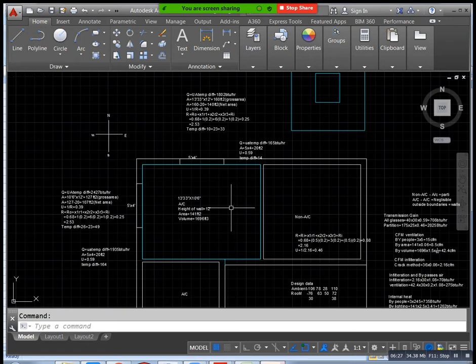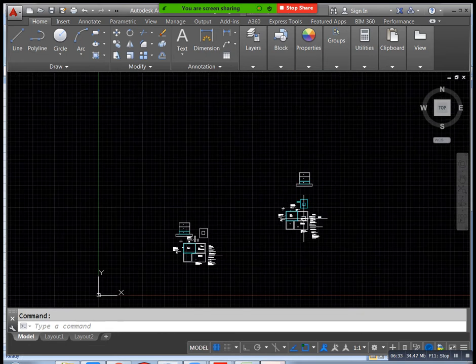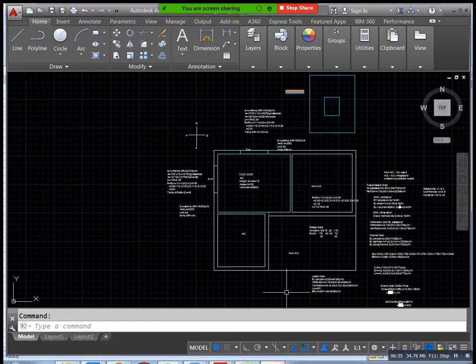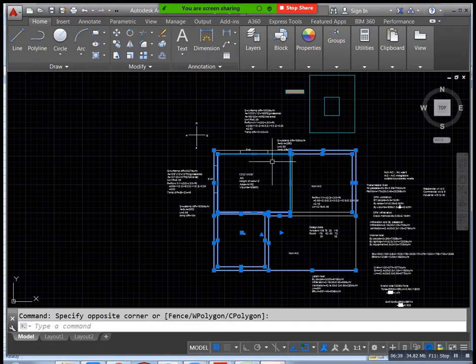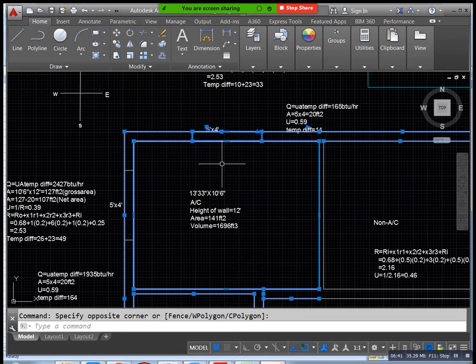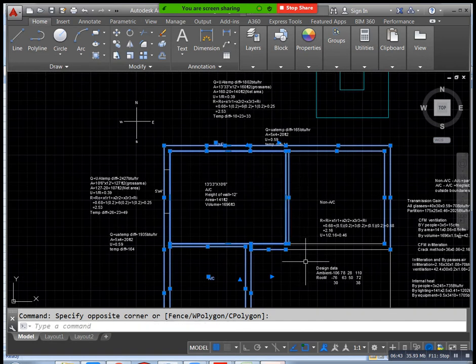For example, I am taking all of this and copying it separately, this design data also, this data also.